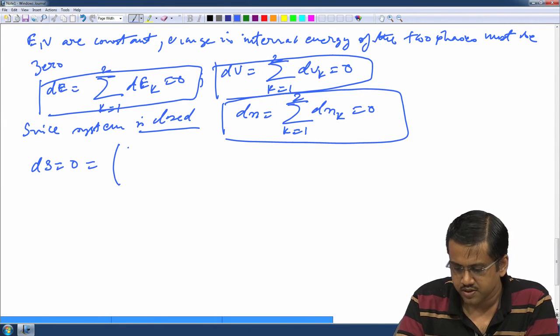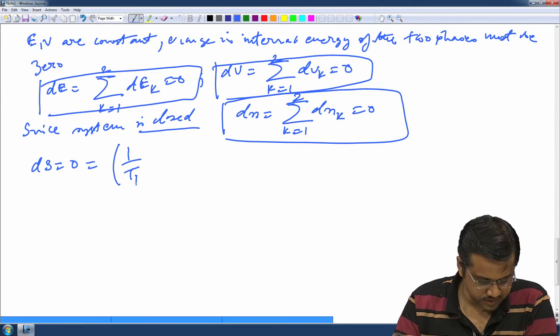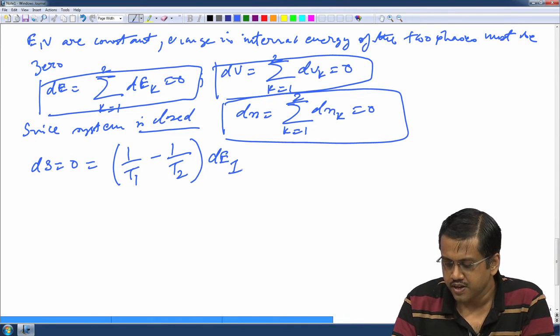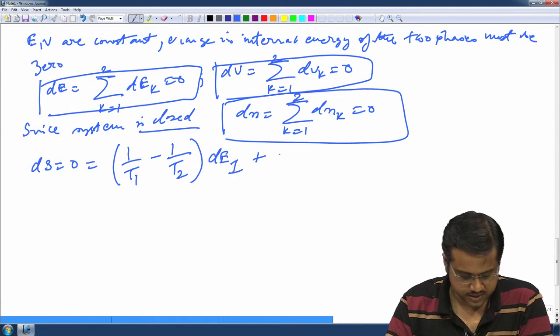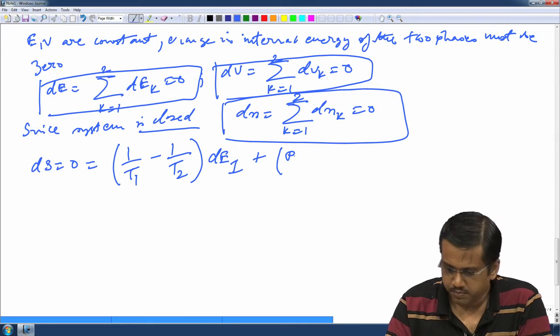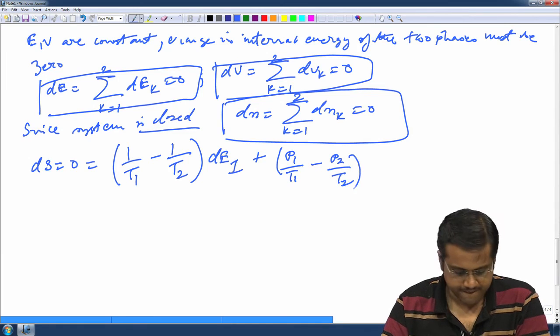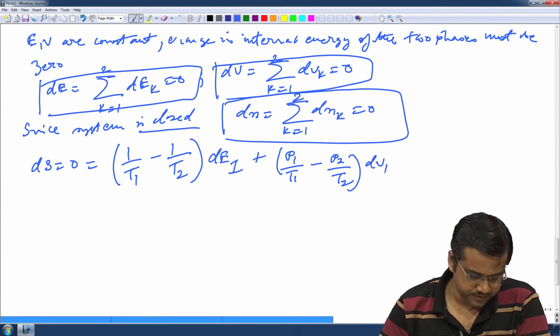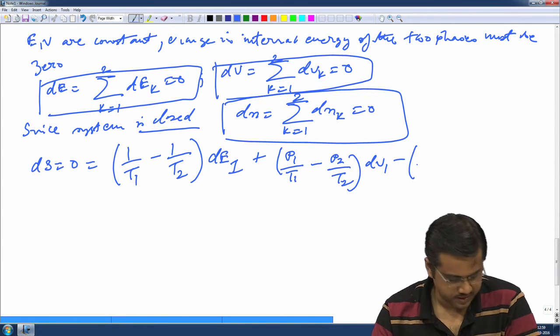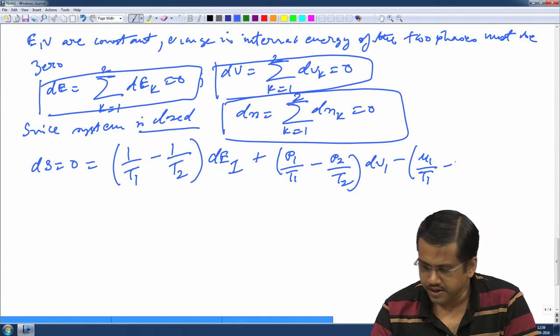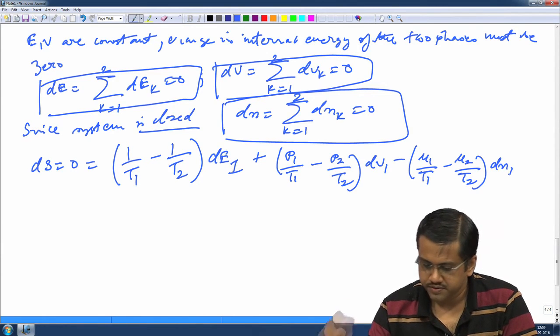This means 1/T1 minus 1/T2, where 1 and 2 are the two phases, as we already mentioned, times dE1, plus P1/T1 minus P2/T2 times dV1, minus mu1/T1 minus mu2/T2 times dN1, right, correct.